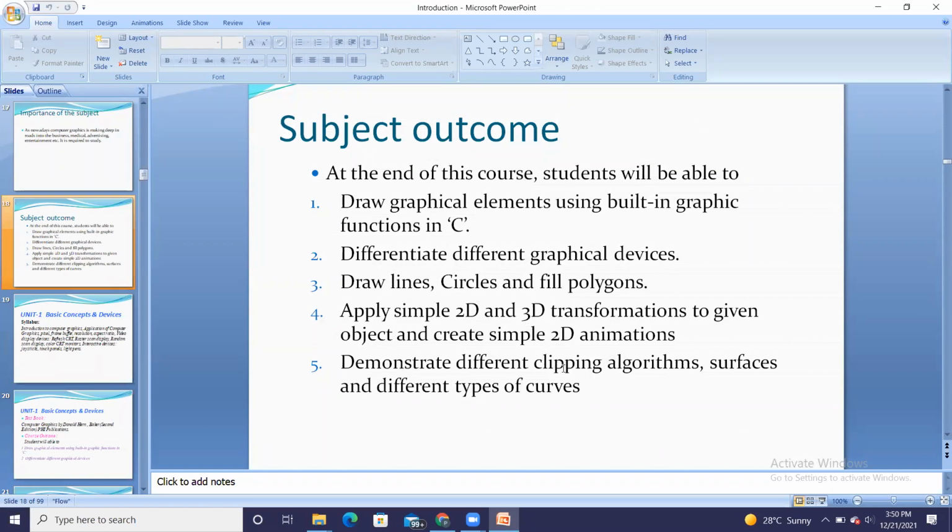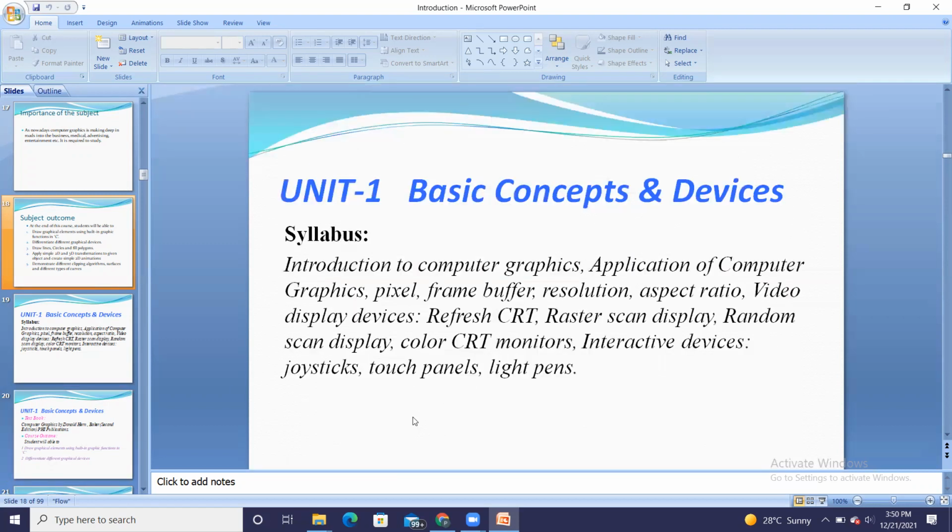Here it includes your chapter number 4, 5, and 6 altogether: clipping algorithms implementation, hidden surface removal, and studying the different types of curves. So this is the total outcomes of computer graphics.